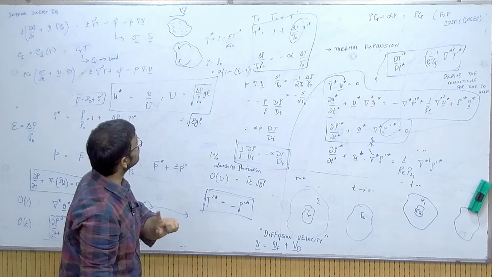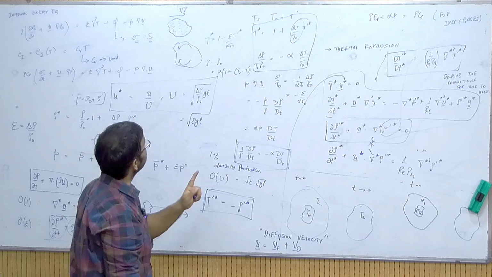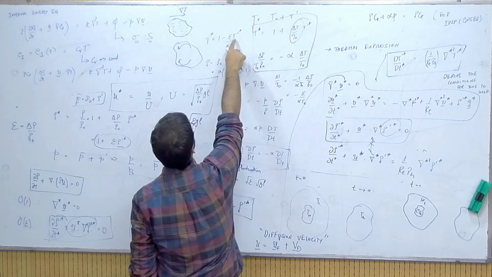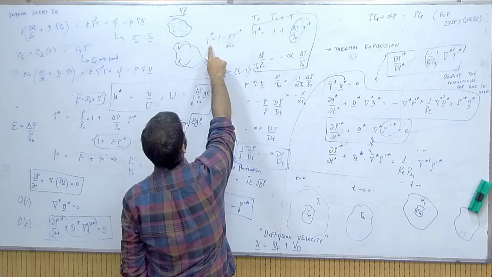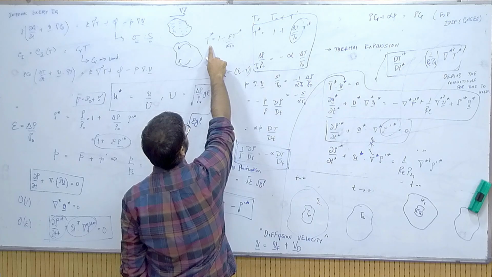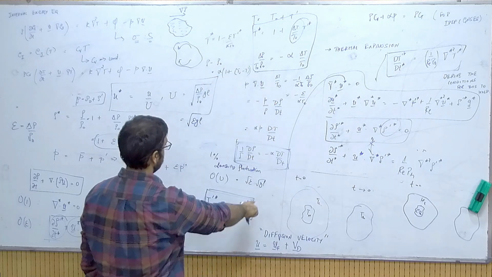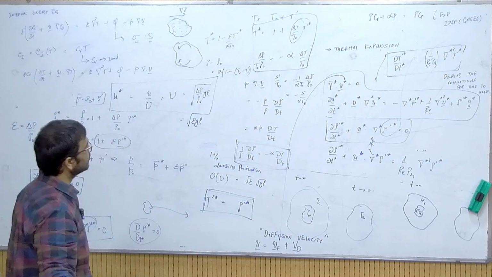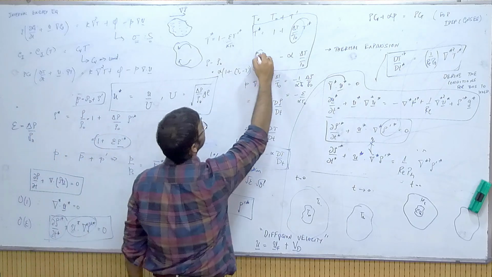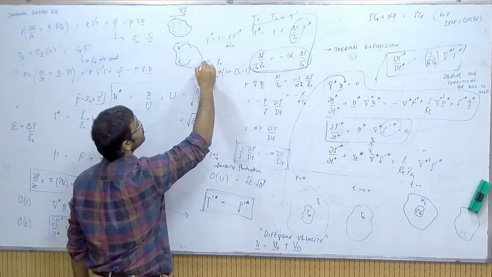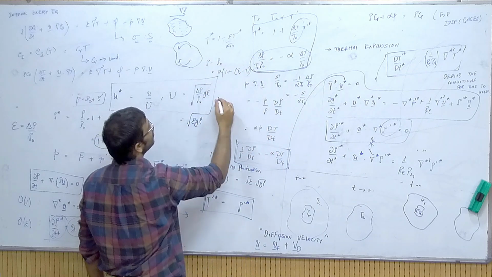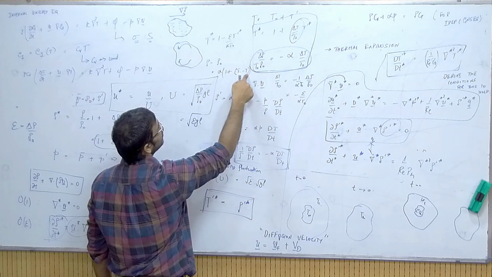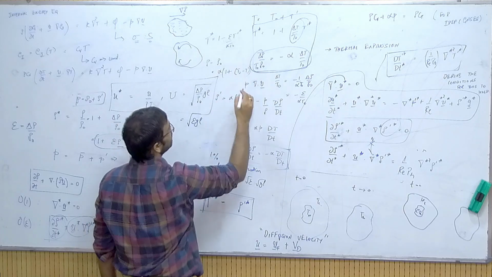let me just check, so there should be a minus sign only. If T prime star is positive, then T star is smaller than 1, and so rho star should be large. So there shouldn't be a minus sign here, my bad, because I have already taken that minus sign here. So when you substitute this here, rho minus rho naught is rho prime, alpha times T naught minus T is T prime.